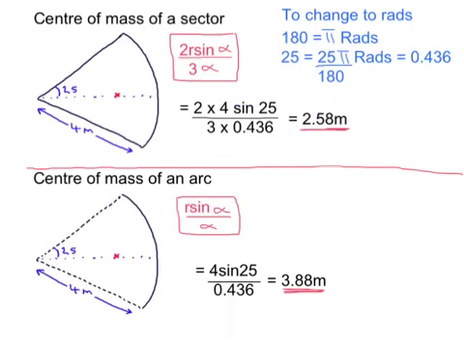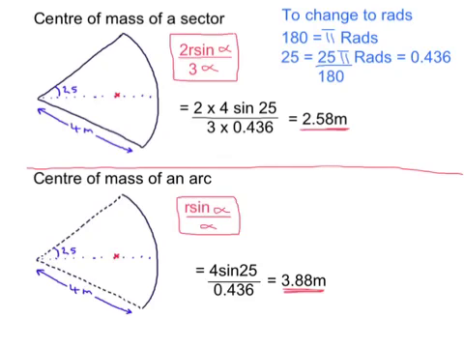It's all good. Right, this one now, centre of mass of these. People get these two confused as well. This is a sector, a uniform sector. This is an arc, like a framework. For this, we have this formula, which should be in the formula book, and alpha is in radians.